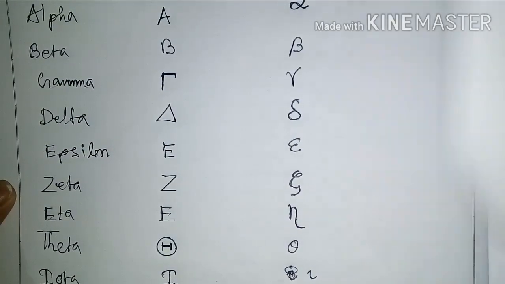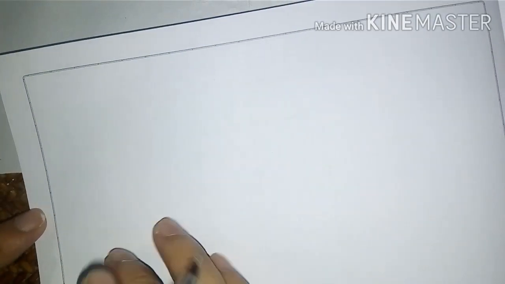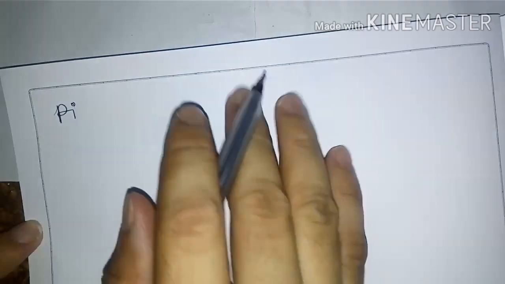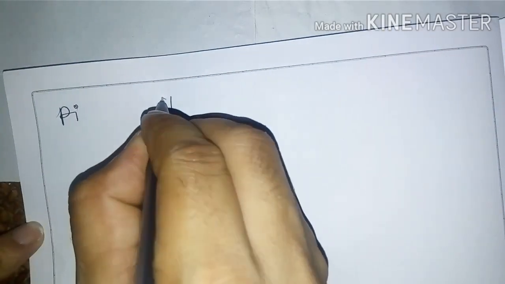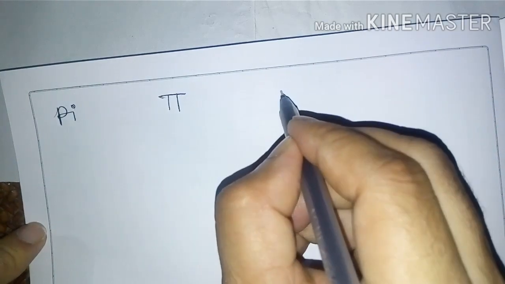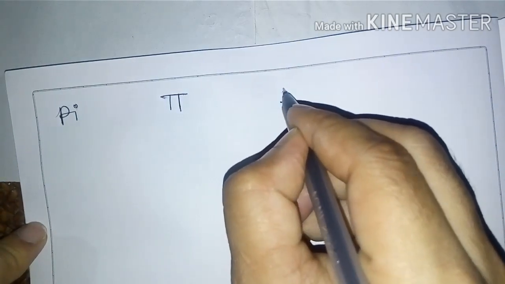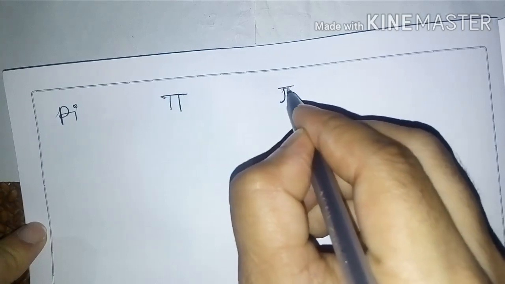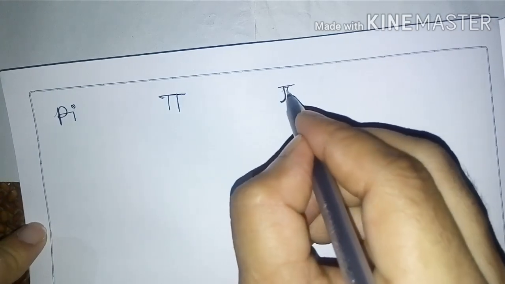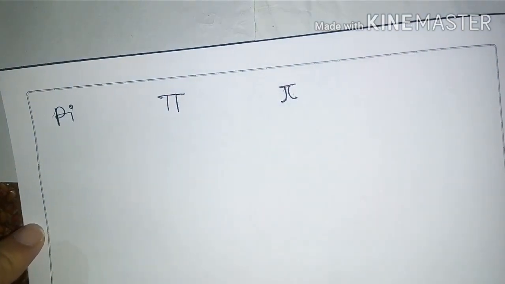Next Greek letter is pi. This is the capital, and the small one is like this. Understood?